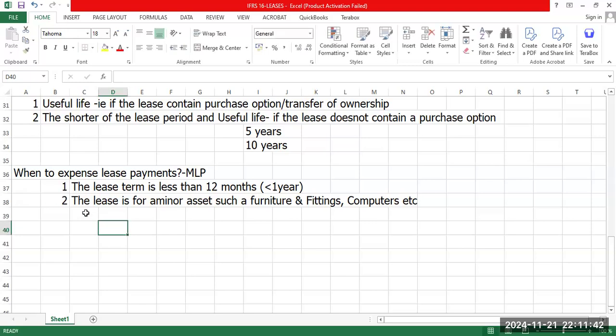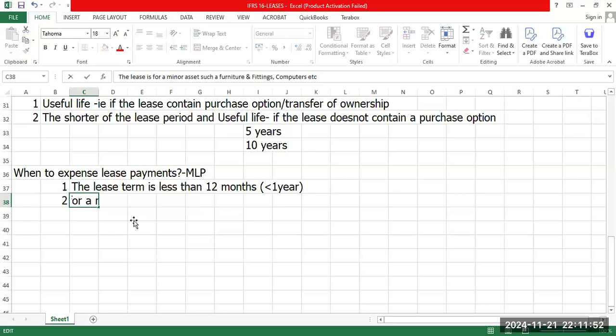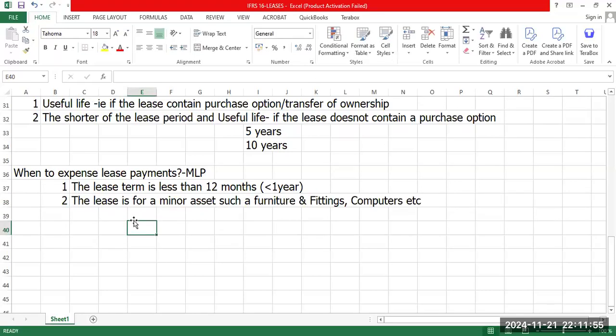Colleagues, the standard doesn't actually define what is a minor asset, but to understand a minor asset, simply look at the lease. After the lease period, can you actually use again that asset? If you confirm this term, then that will be a minor asset.